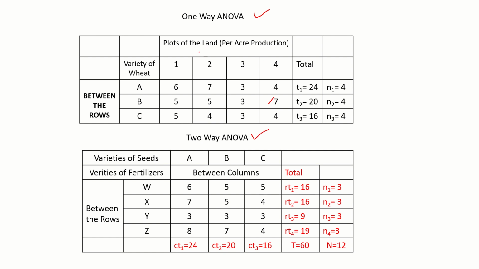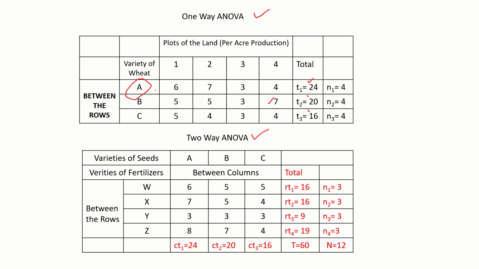In the last sessions, using this case, there were three varieties of wheat which are influencing the productions. So, what we have done, the seed-wise productions we have seen, like seed A and B and C, this is the total production we have seen, and there is a mean.